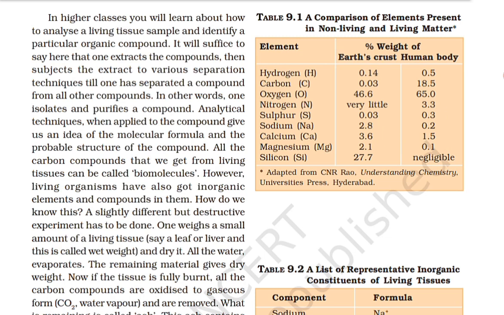The remaining material gives us dry weight. Now if the tissue is fully burnt, all the carbon compounds are oxidized to gaseous form, that is CO2 and water vapors, and are removed. What is remaining is called ash. This ash contains inorganic elements like calcium, magnesium, etc.